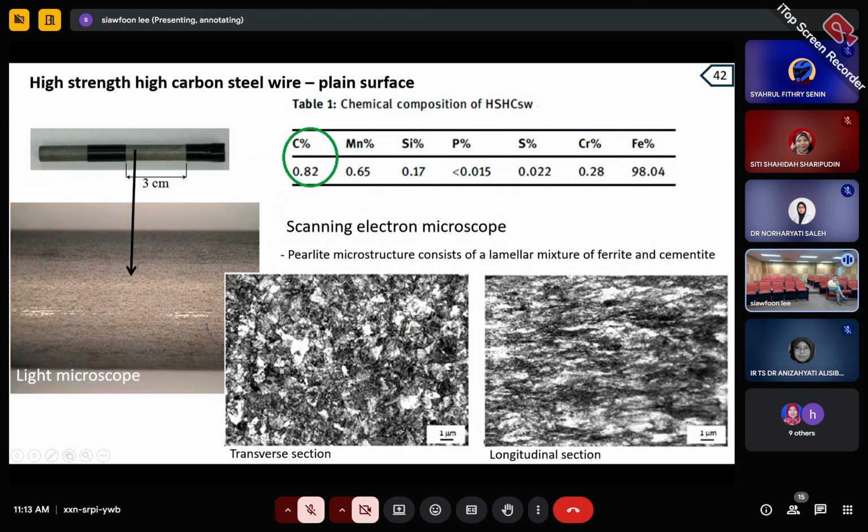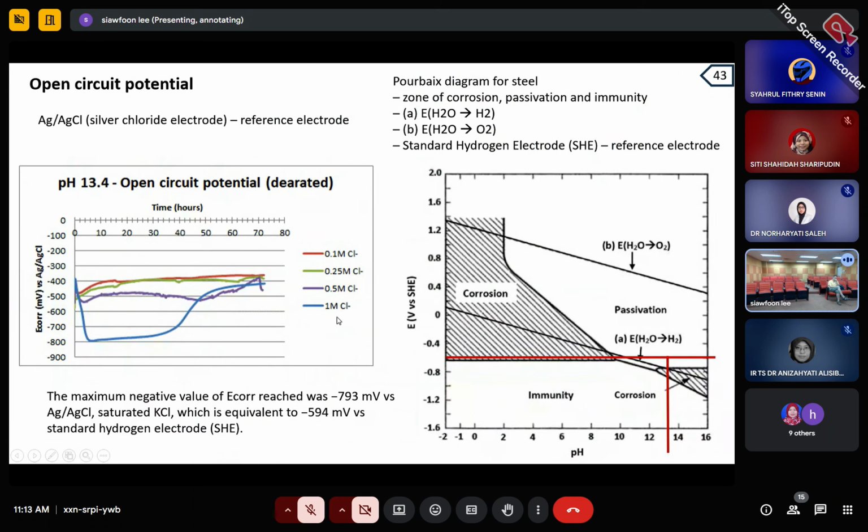Okay, and this is the cross section surface of the high strength, high carbon steel. And you can see when I apply the open circuit potential and detect at pH 13.4, and also because I have pumped through nitrogen gas, the oxygen concentration is very, very low.